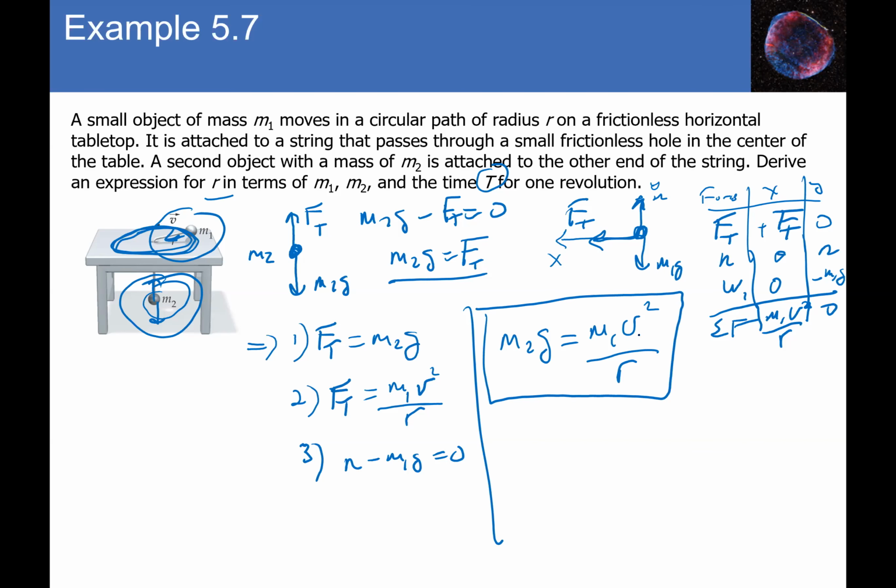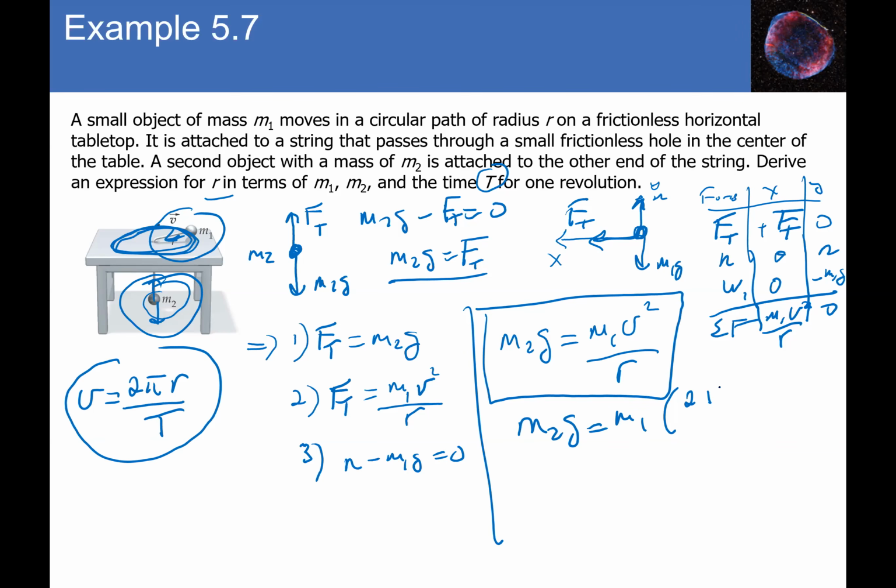But then I have a speed squared. But remember that equation, right? Speed equals 2 pi r divided by the period. Then I can use this equation to replace speed in m2g equals m1 times (2 pi r over the period) squared divided by r, which gives me m1 4 pi squared r squared over r, which is going to cancel the r at the bottom.